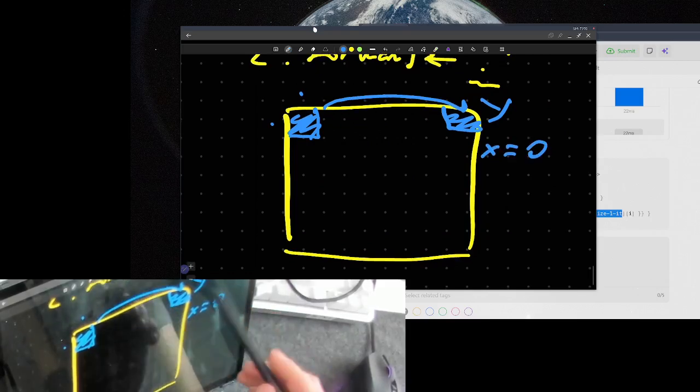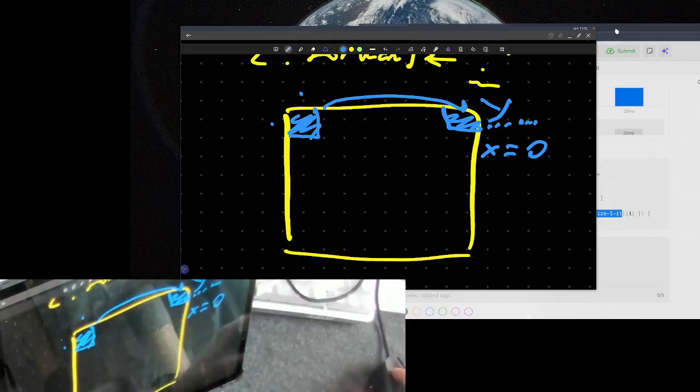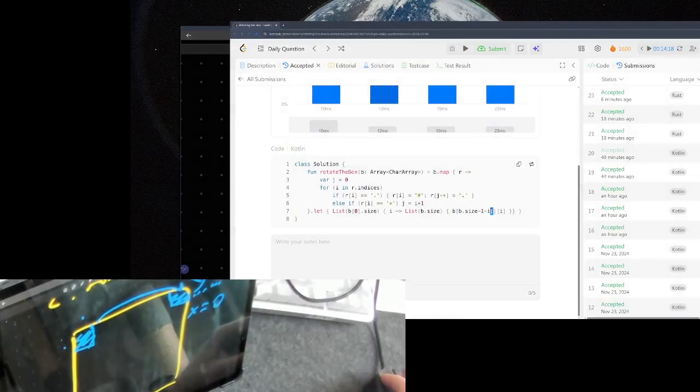So if this transforms from 0 to y, that means we have to do this len minus it. And notice this is the x coordinate in the initial array.